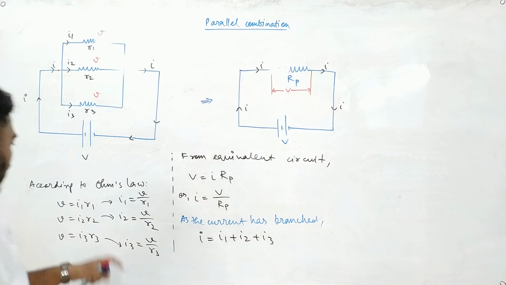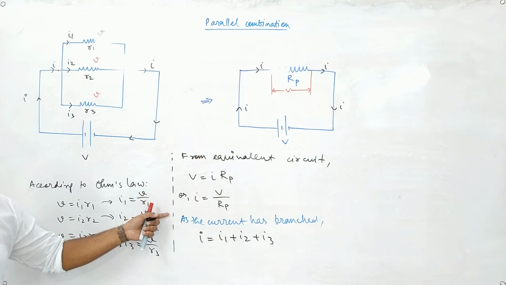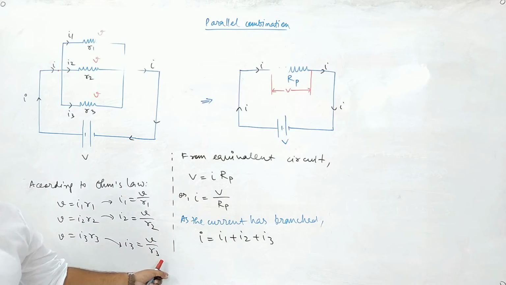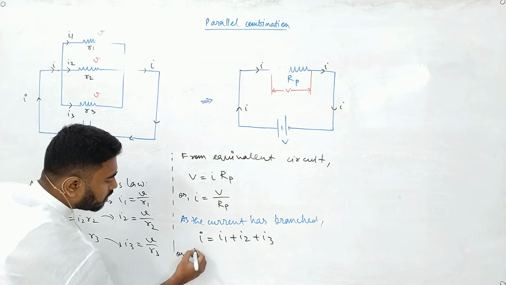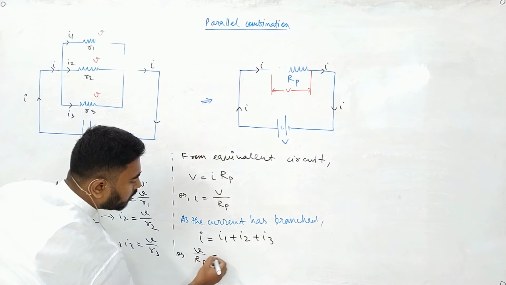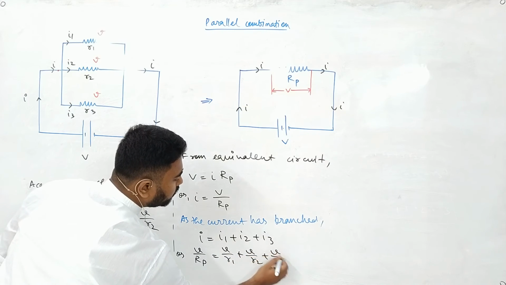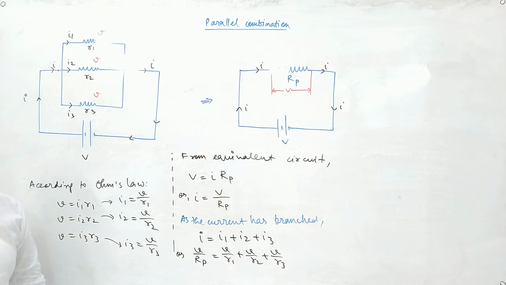Can I say that? Okay, I1 is equal to V by R1, I2 is equal to V by R2, I3 is equal to V by R3, right? And I is equal to V by RP. So can I write it as V by RP equals V by R1 plus V by R2 plus V by R3? Can I write this down?